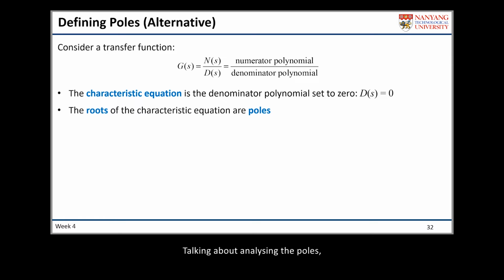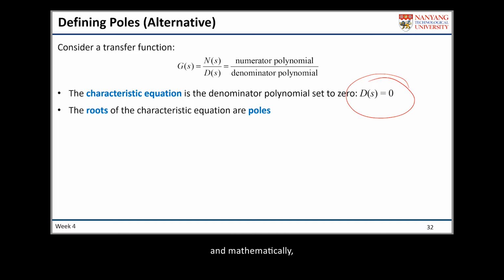Talking about analyzing the poles, I want to introduce you to new terminology. We call it the characteristic equation. What is the characteristic equation? The characteristic equation is the denominator of your transfer function equal to 0. So D(s) equals 0, that is the characteristic equation of your transfer function.